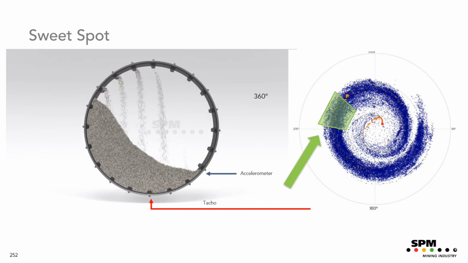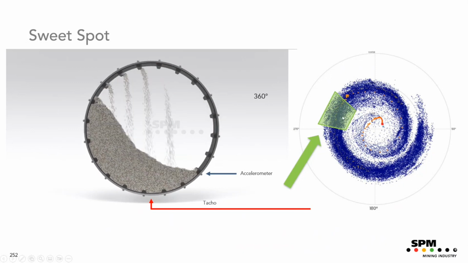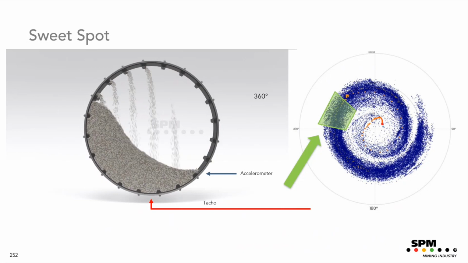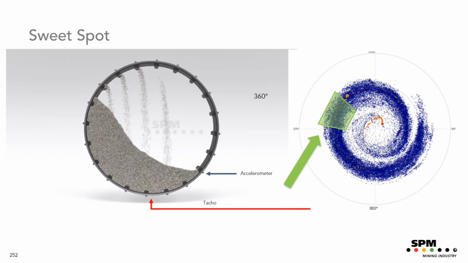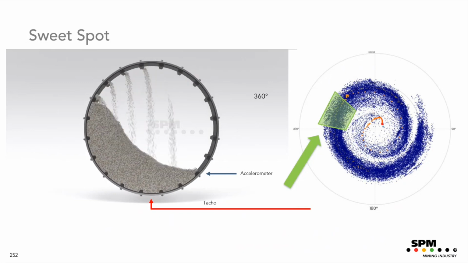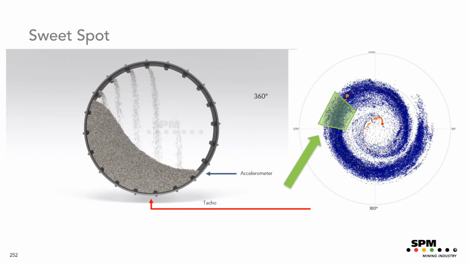So in this case, for this mill, if the toe position is somewhere within this area, then the operators know that the mill is performing at its optimum. That is the idea, that you will find your sweet spot for the toe.